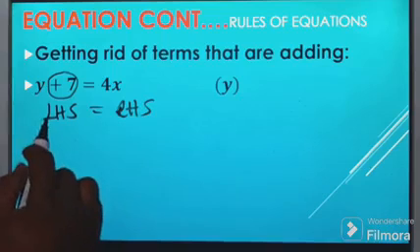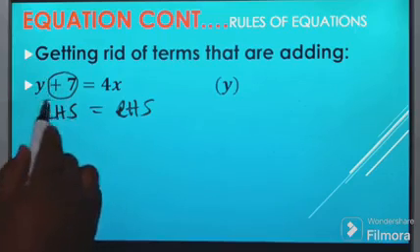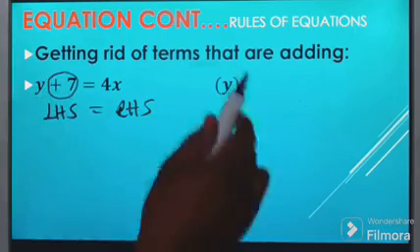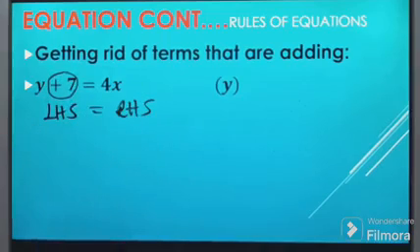Let's remember well, because this term is adding to y, in order for us to remove it, we do the opposite. If this is adding to y, in order to remove this, we do the opposite of adding. So what is the opposite of adding? The opposite of adding is subtraction.